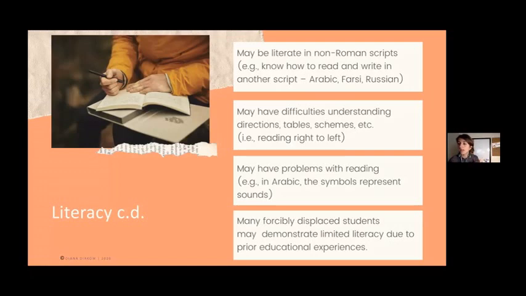And another aspect related to literacy has to do with just our ability to use school materials. You'll have students who may be challenged to understand the difference between, for example, vertical and horizontal dimension. And again, that is really influenced by the exposure to language, and also it is influenced by schooling experiences.